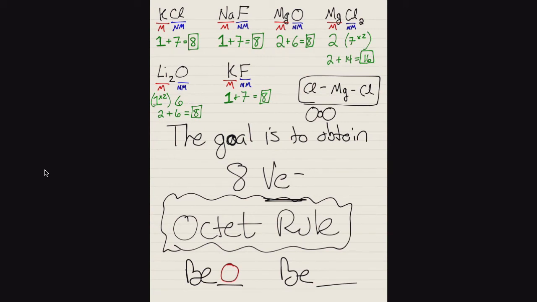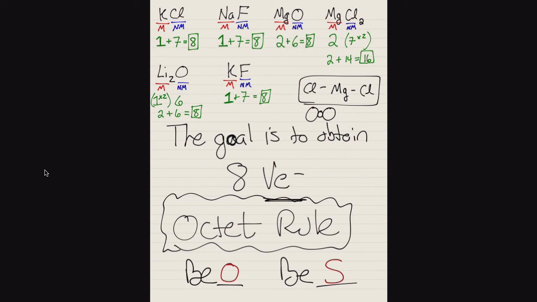I could put sulfur, BeS. This would be beryllium sulfide, not a pleasant smelling substance, because when you have sulfur in there, it does smell less than desirable.